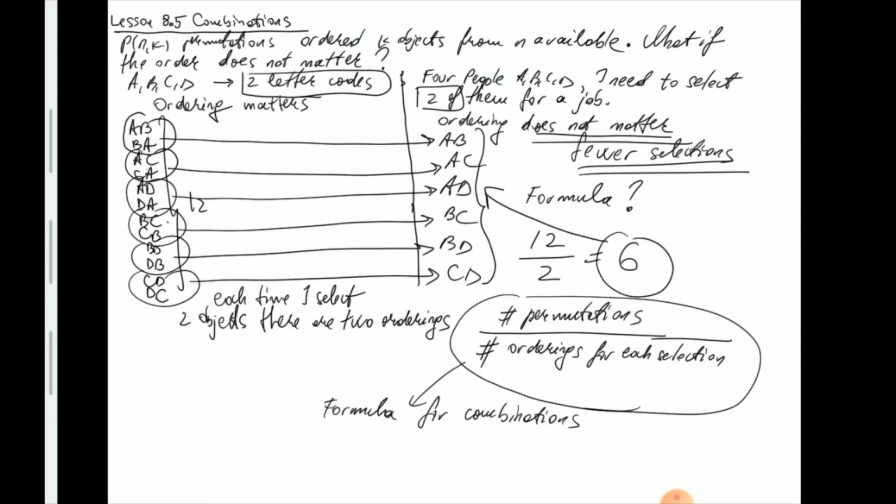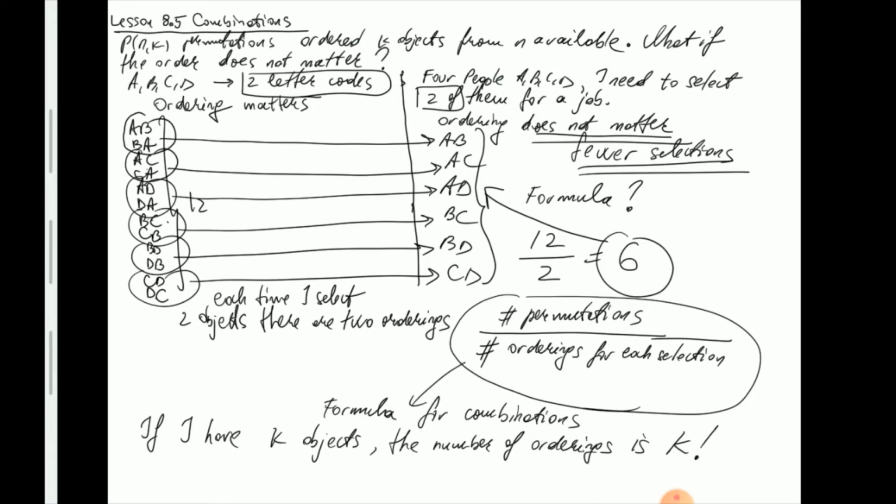Before we move on to the second page, let me remind you again of one important observation. If I have k objects, the number of orderings is k factorial. We established that with the multiplication principle. That's equivalent to the question of in how many ways you can arrange or rank, for instance, k candidates.